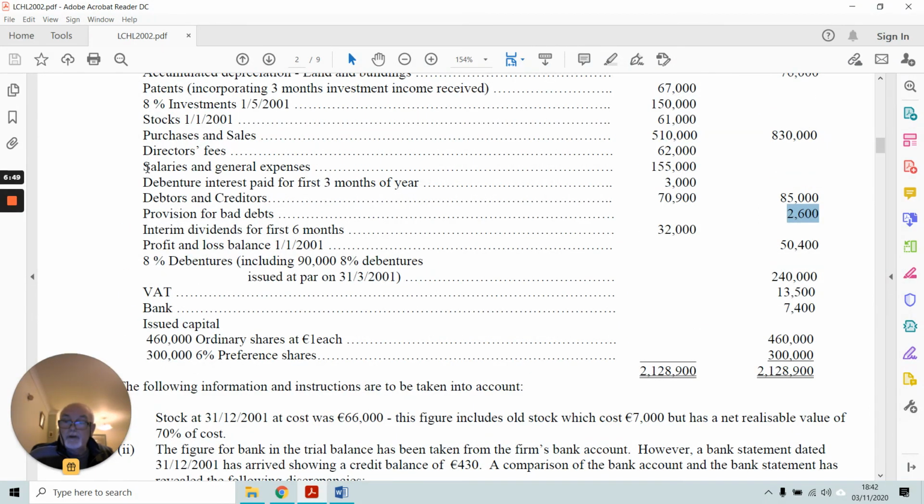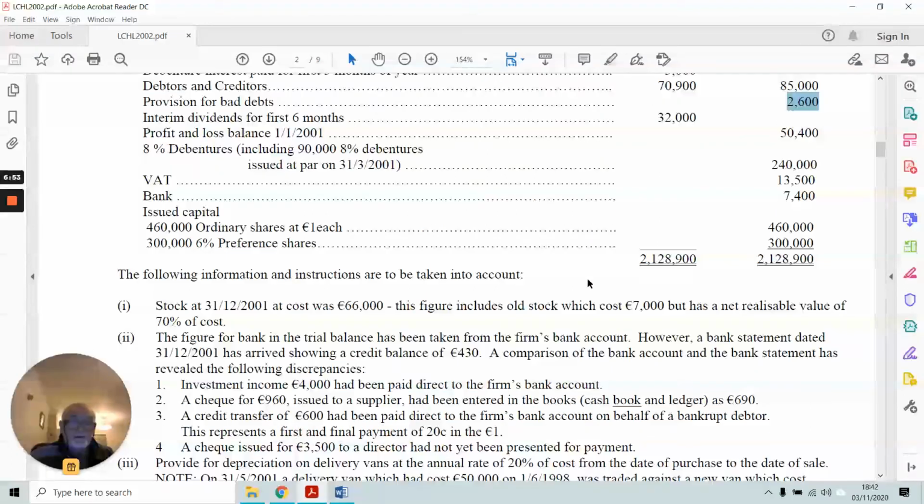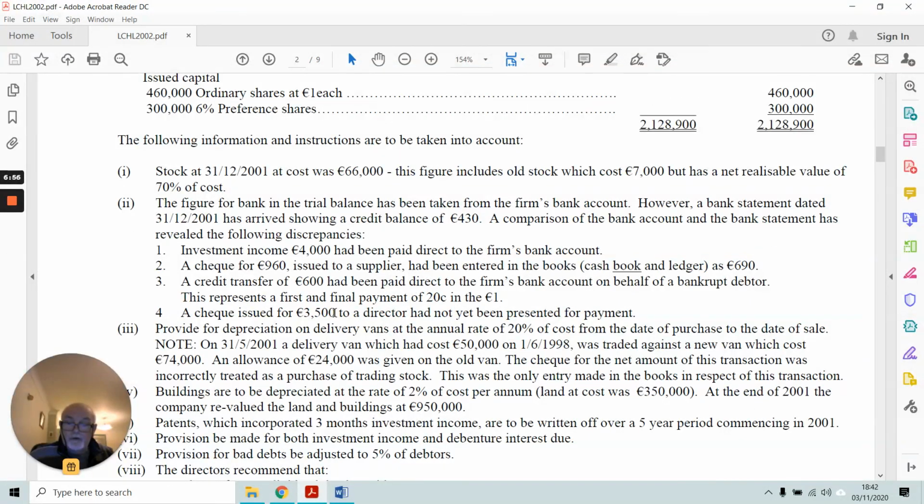If we check out the trial balance, we can see directors' fees 62,000. That includes the 3,500 that the director hasn't lodged to his or her account yet. So time will take care of it. The person has up to 6 months to present a cheque for payment. So we're not going to undo that. So adjustment 4 there requires us to do nothing.